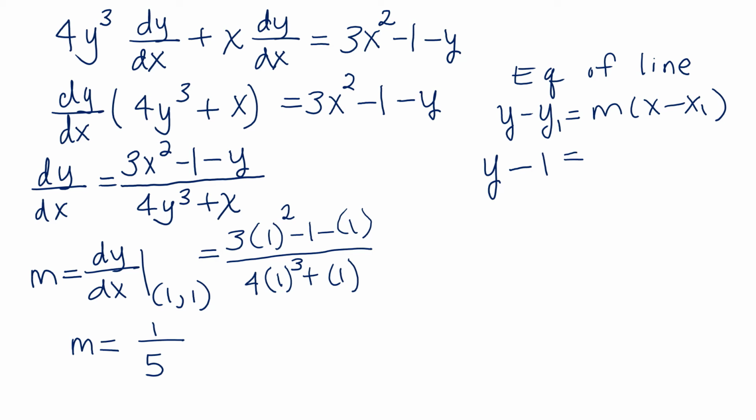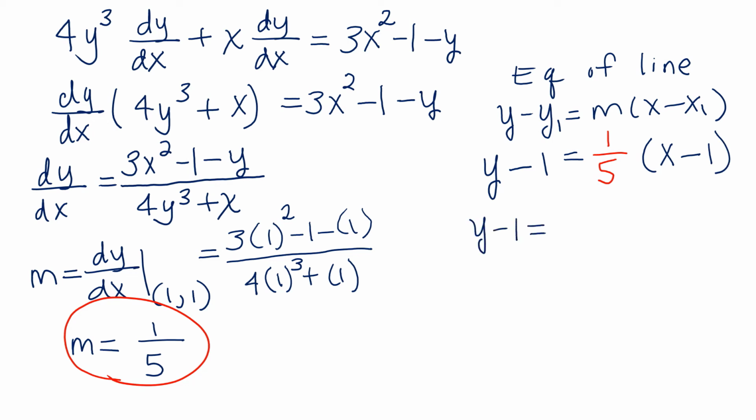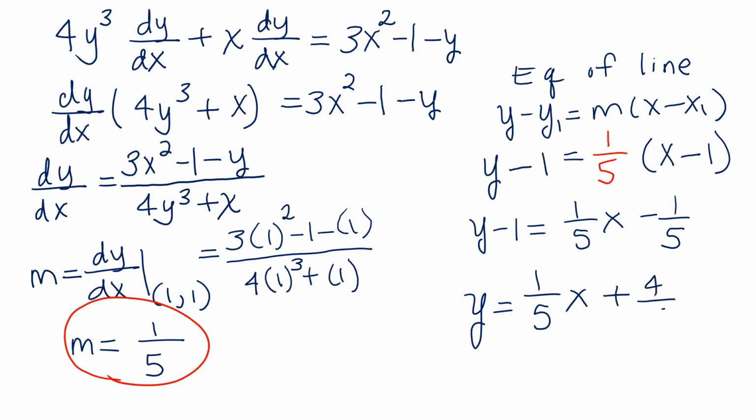The slope we just solved for is 1/5, times x minus 1. Now solve for y. y minus 1 is equal to 1/5 x minus 1/5. And so y is equal to 1/5 x. That gives you positive 4/5 for the y-intercept.